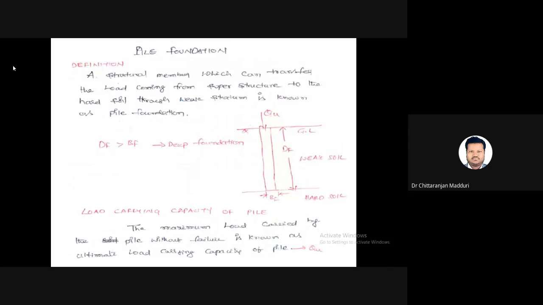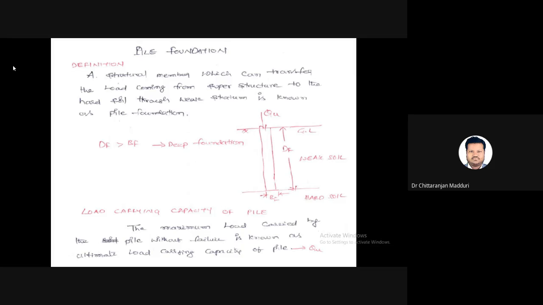So the next topic is estimation of pile capacity or load carrying capacity of the pile. So the ultimate load carrying capacity of the pile is defined as the maximum load carried by the pile without failure. Safe load carrying capacity of the pile means ultimate load carrying capacity divided by factor of safety.